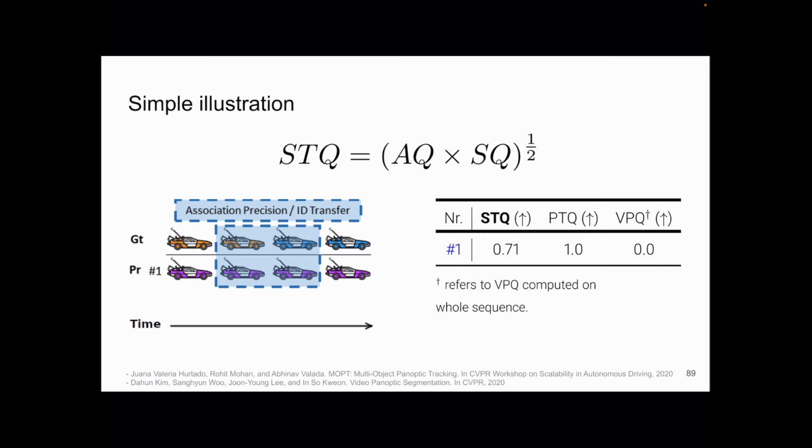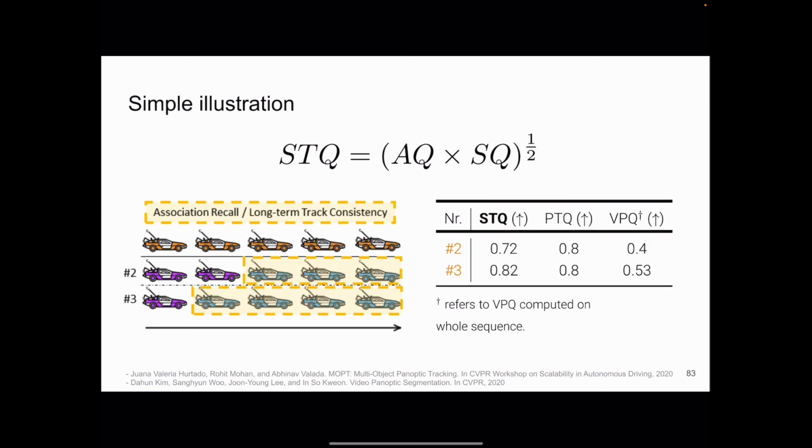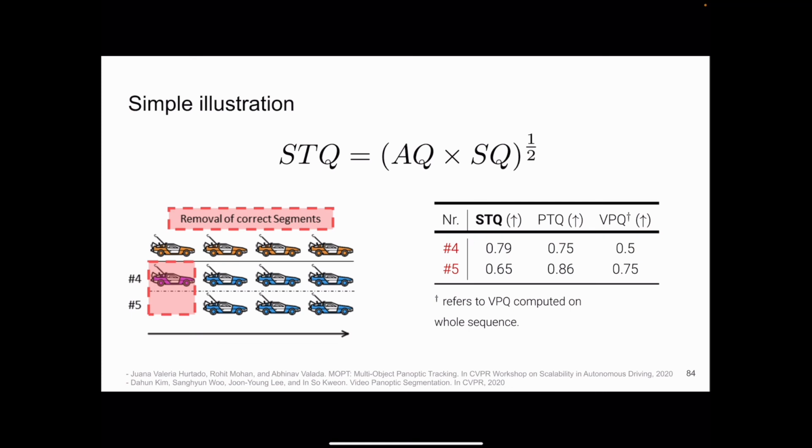In the case of association precision, or ID transfer, STQ is the only metric that properly penalizes ID transfer. In the case of association recall, STQ encourages long-term track consistency. In the case of removal of correct segments, STQ is the only metric that reduces the score.